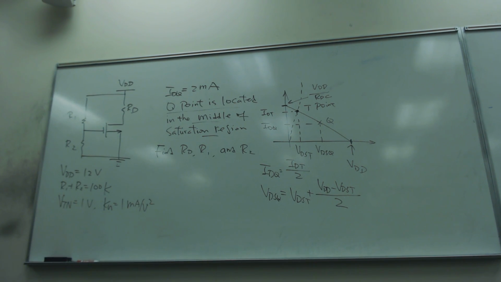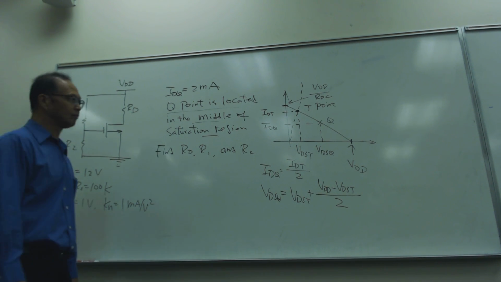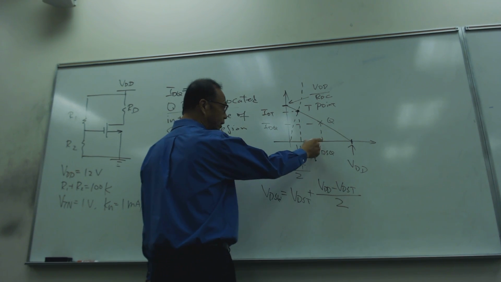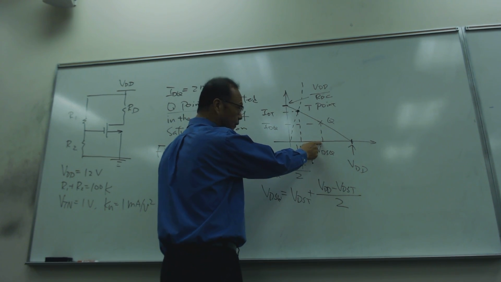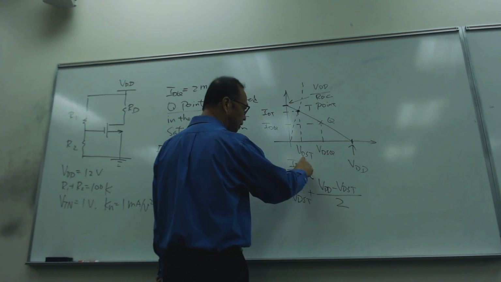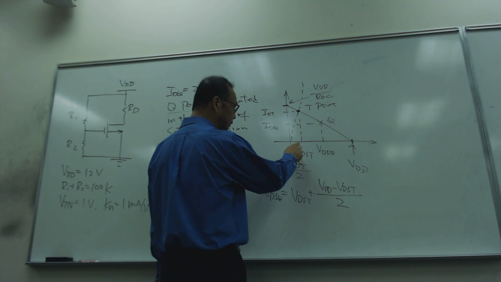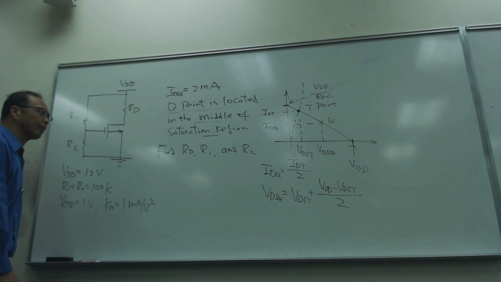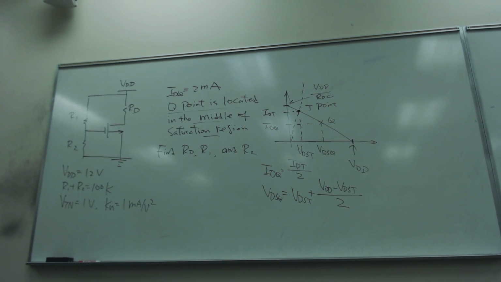Correct? This must be that plus that, right? And this is half of the difference of this, right? Plus that, so that is VDSQ. Okay, if you understand this concept, you're halfway home.